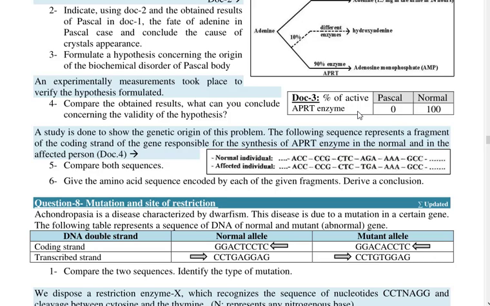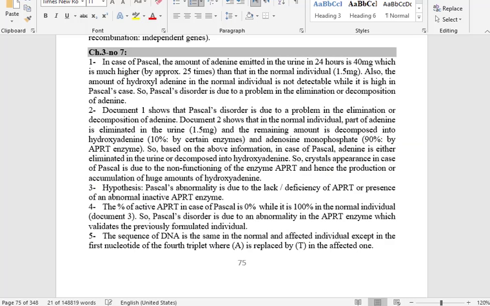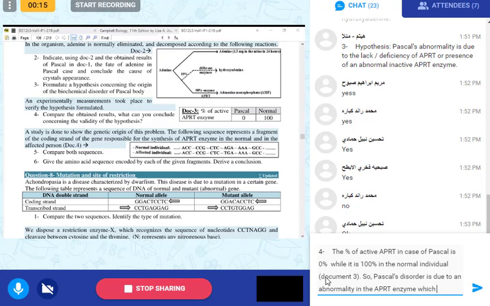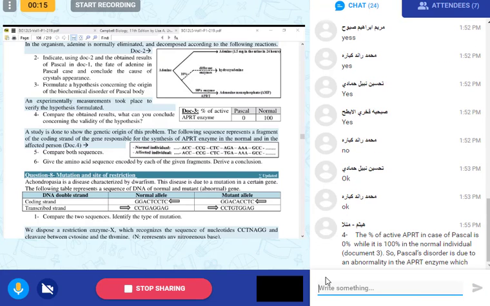Now compare the obtained result. What can you conclude concerning the validity of the hypothesis? Is the hypothesis that you put correct? Yes. Okay, when we compare, of course I will use the numbers. So the percent of active APRT in case of Pascal is 0, while it is 100 in the normal individual, much higher.